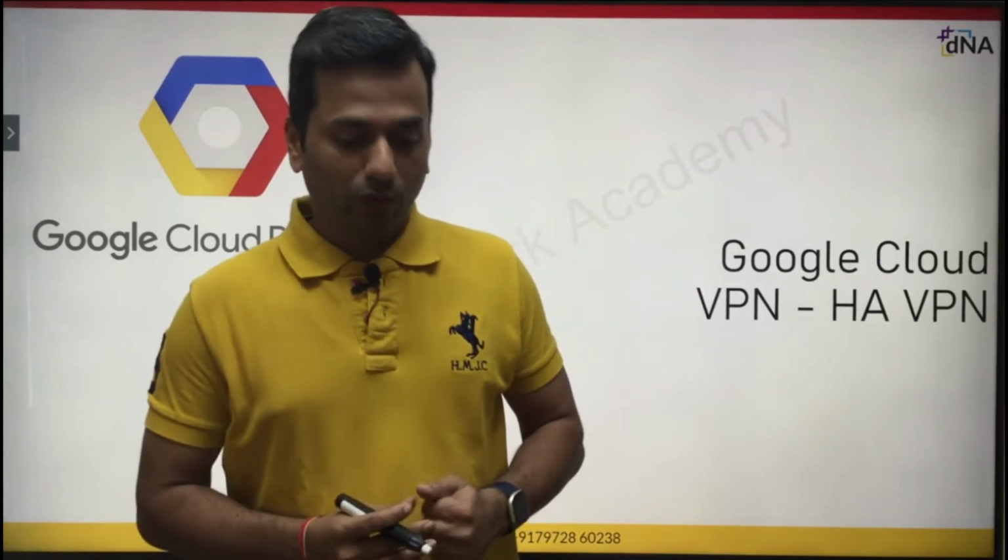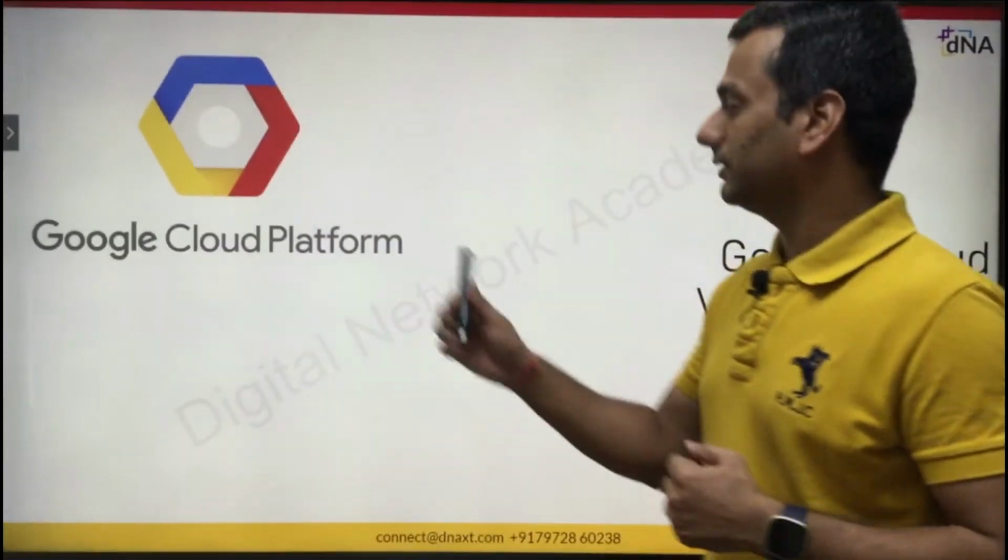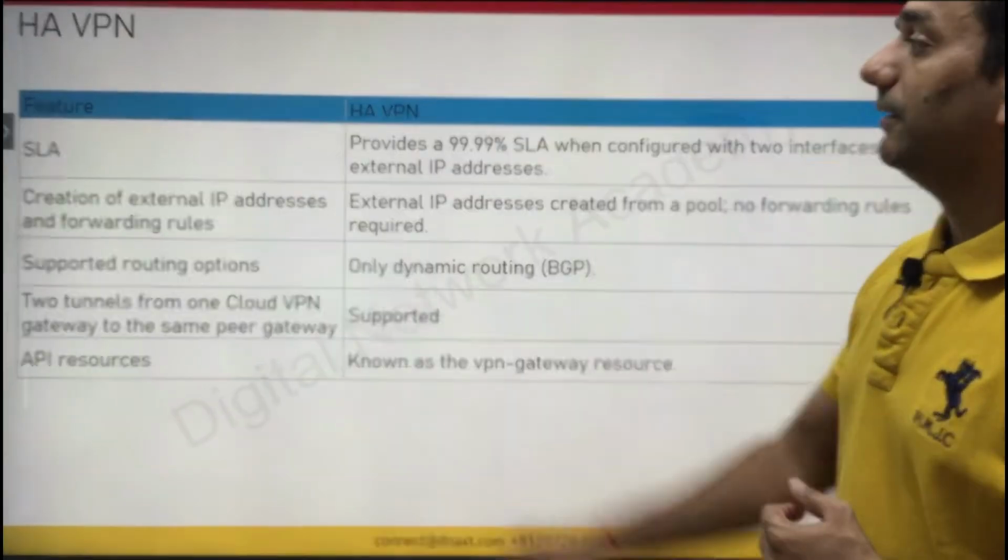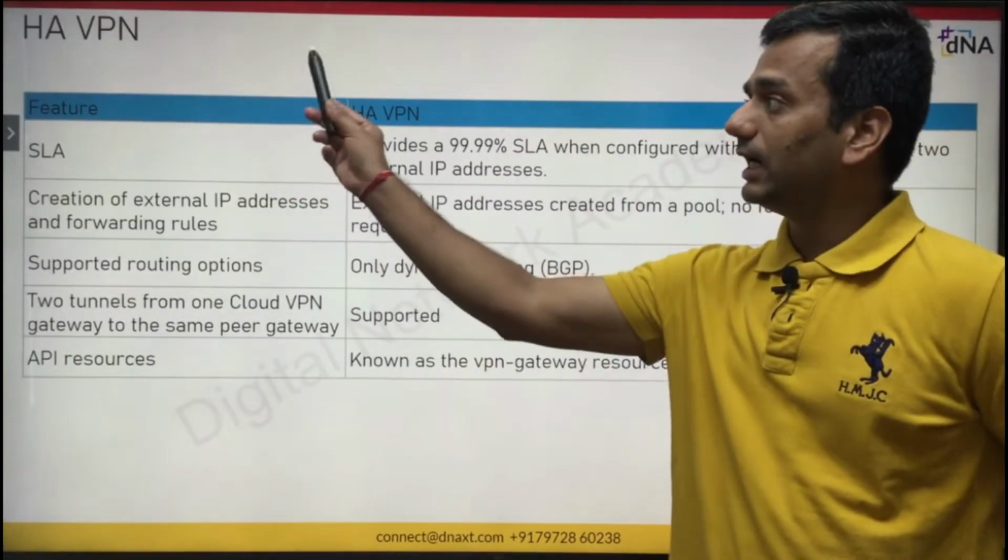What is HA VPN? HA VPN is a high availability VPN. GCP will provide the high availability automatically. You don't need to configure anything additional, no additional device, no additional interfaces, everything is taken care of by GCP. The first point I would like to discuss is the SLA.